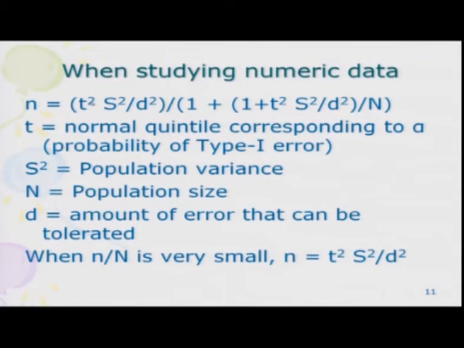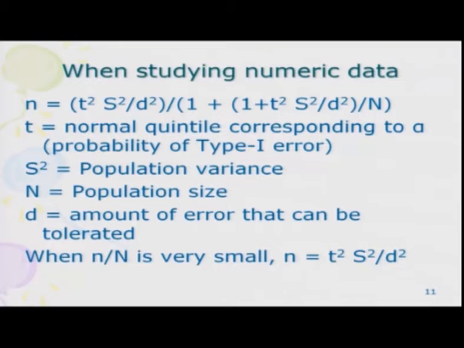The meaning of t is same. t is the quantile value for alpha, and capital S square is variance of the population. d is the difference that you can tolerate, and capital N is the population size. d is not a relative error, d is amount of error that can be tolerated, absolute error, as in P. And again you calculate n0 as t square S square by d square, and then sample size n equal to n0 divided by 1 plus n0 by N.